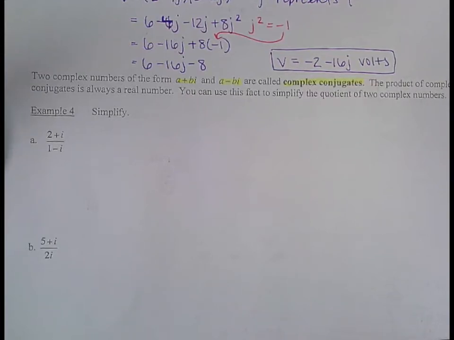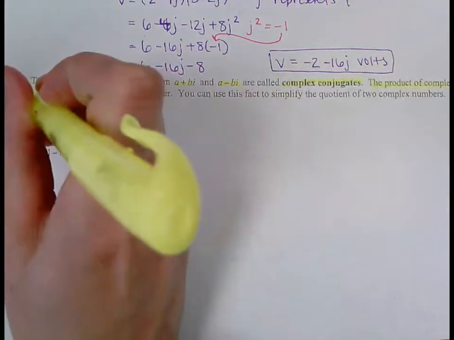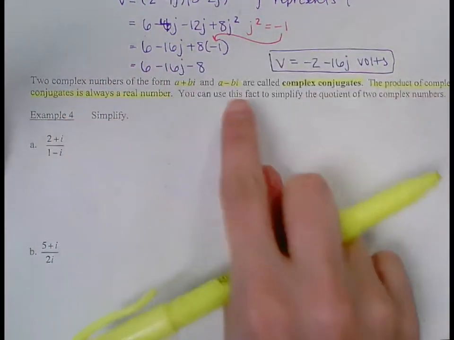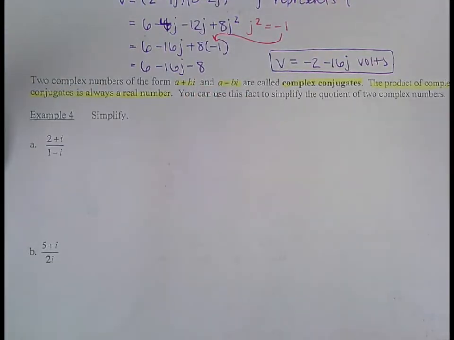The product of complex conjugates is always a real number. So if we multiplied these two, a plus bi and a minus bi, we would get a real number as our product. So we're using this fact when we simplify the quotient of two complex numbers.